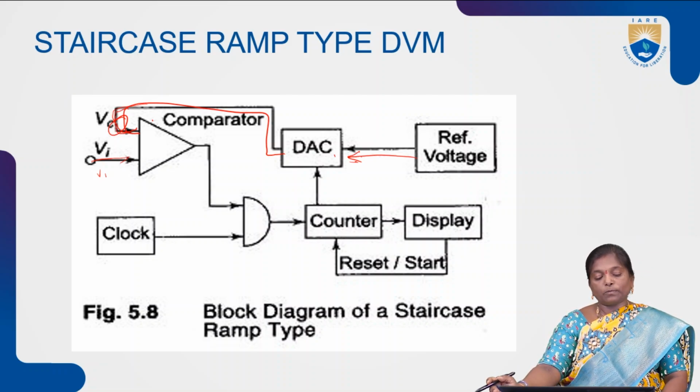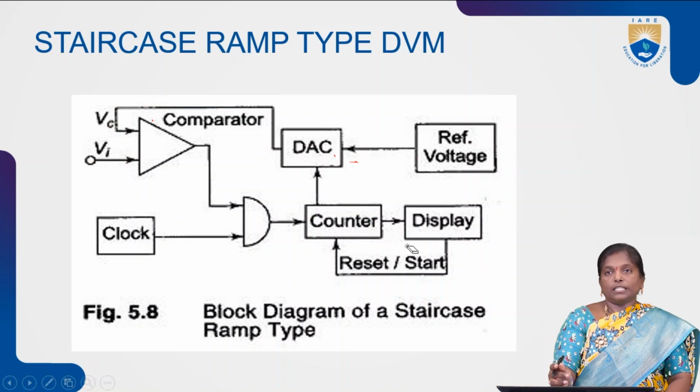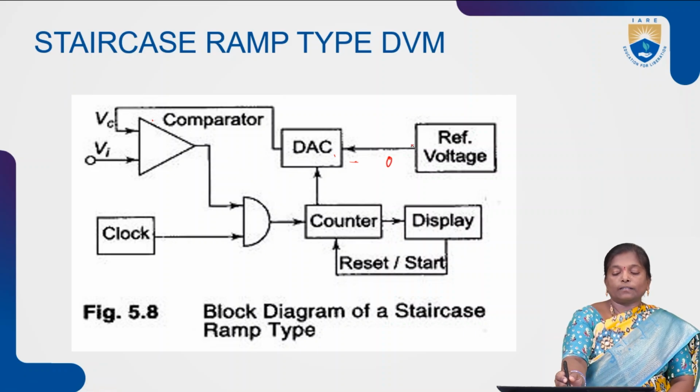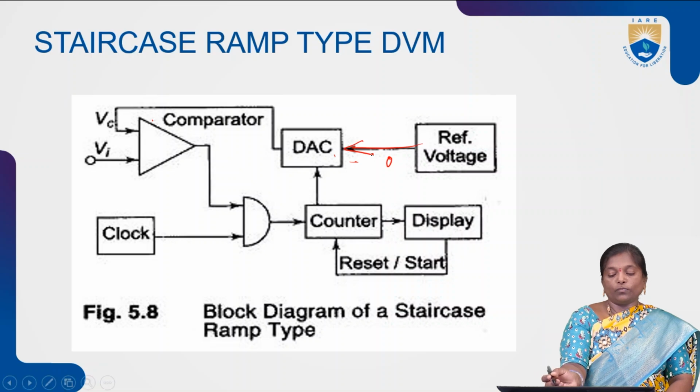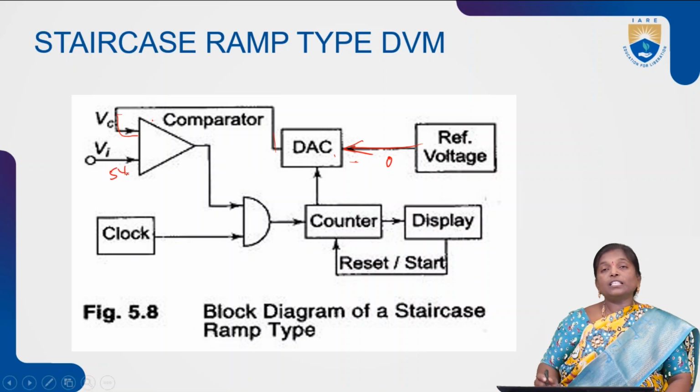How the step changes depends upon the count value. Initially the reference voltage is 0 volts and we are applying it to the comparator. Now the input voltage is assumed as 5 volts.